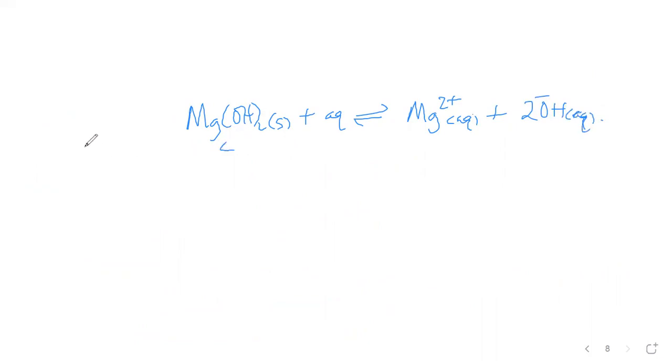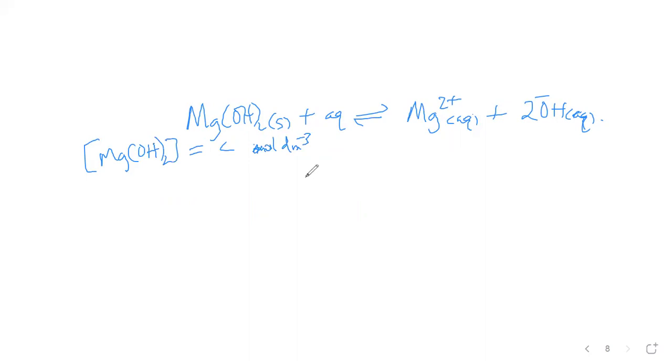So if this one in solution gives us magnesium ions and 2 hydroxide ions, in our treatment of results as we have previously seen, its molar concentration we have just got as C, moles per liter.